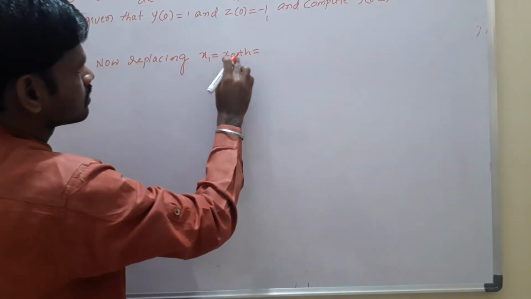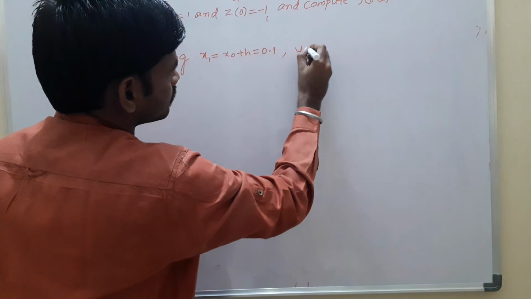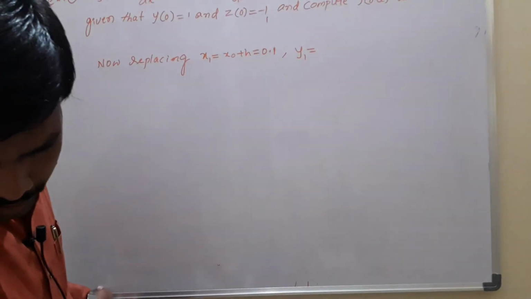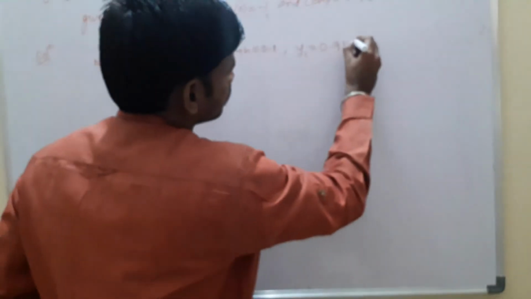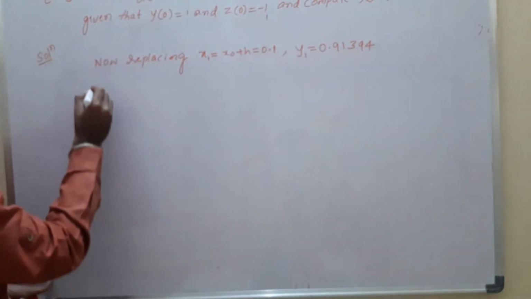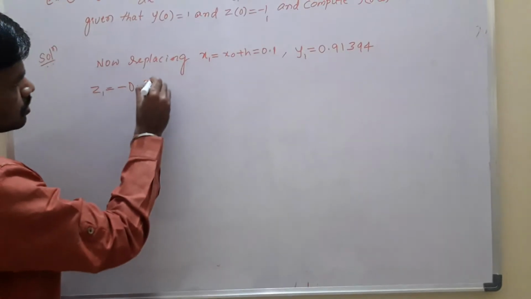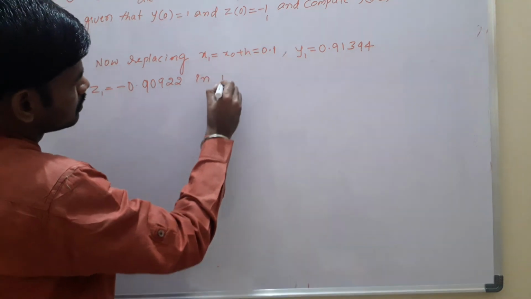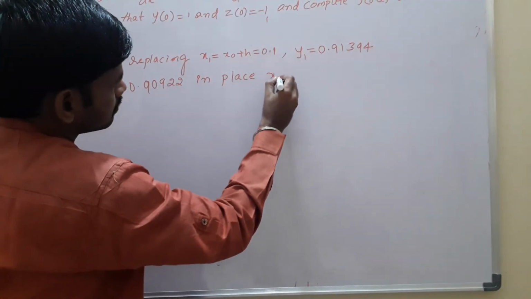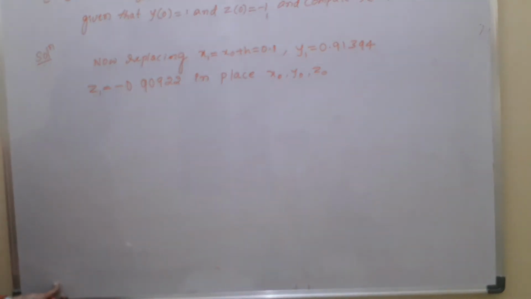So x naught is 0, h is 0.1, that is x1 equal to 0.1, and y1, the resulting one, that is 0.91394, and z1, that is minus 0.90922.